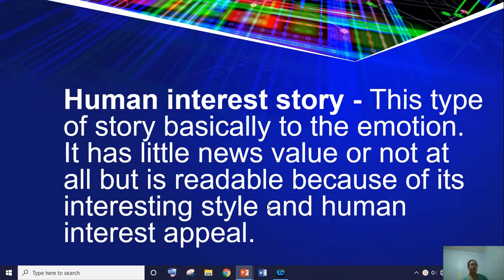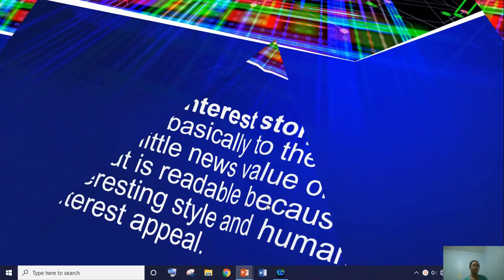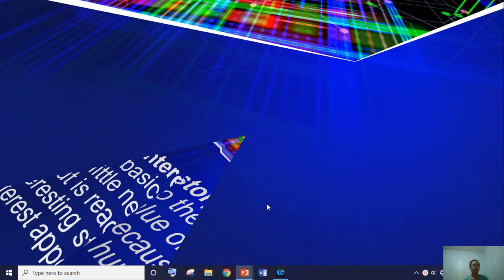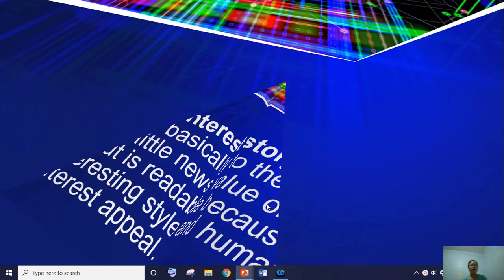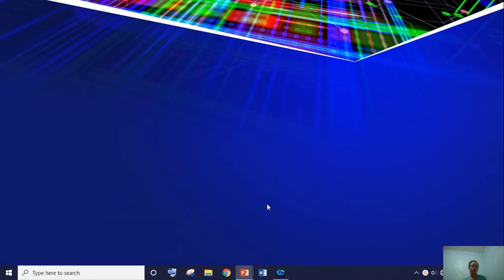Human interest story. This type of story basically appeals to the emotion. It has little news value or none at all, but it is readable because of its interesting style and human interest appeal. So, human interest story.